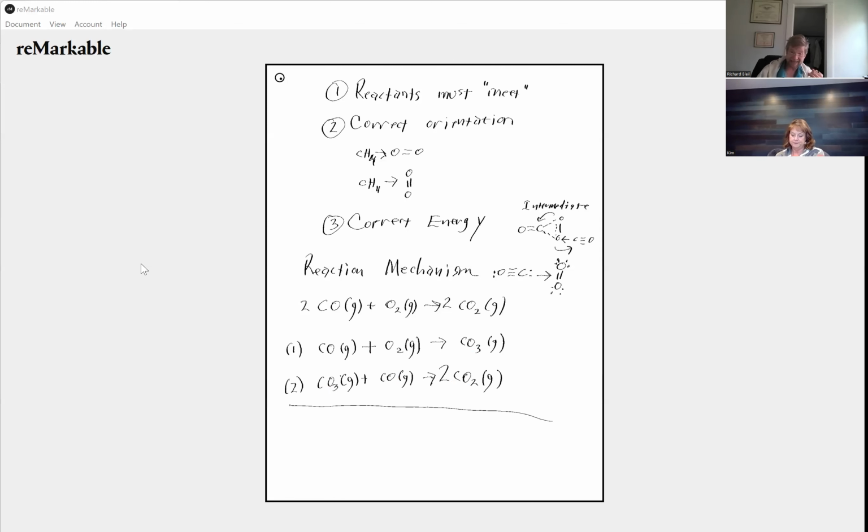But now we can add them up. Anything in one step that shows up on the product side and shows up on the reactant side on the other side, they can cancel. And when you add up these individual reactions, they must add up to the overall reaction. So we have a carbon monoxide here and a carbon monoxide here to give us 2 carbon monoxides.